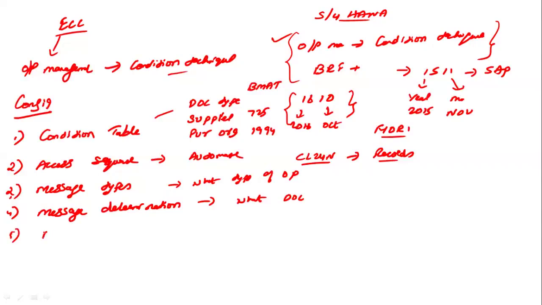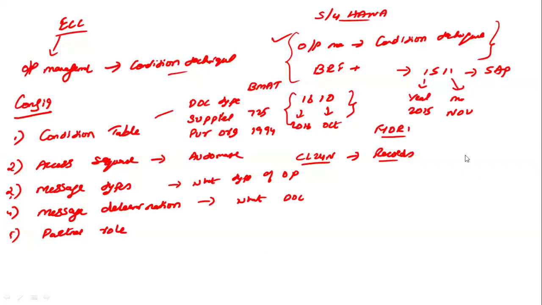Then we have the partner role. For example, in SAP, we saw business partner. We discussed what partners are, what partner roles are. We also said that if a vendor is going to have different branches all over India or all over the world, you are going to send the orders to them and get the material from them. If the vendor is located all over the world with different branches, to which branch do you want to send the purchase order?